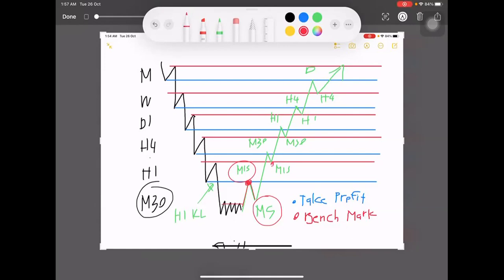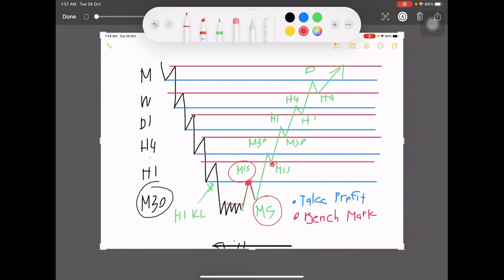So reject, right? Yeah, so we reject at the M15, then we go long. Go to the daily. Yes. And the setup for that, we go to the H4 setup, which is the M30.